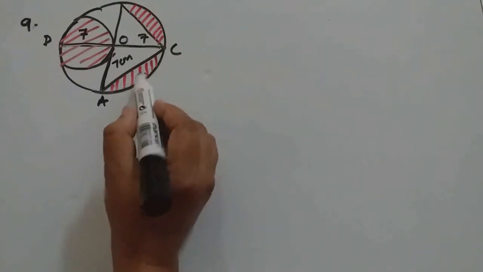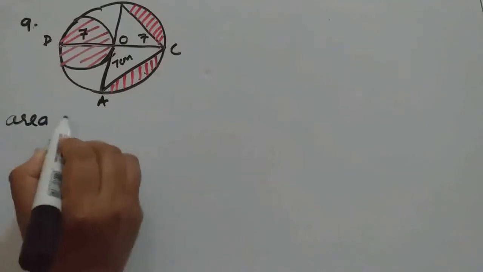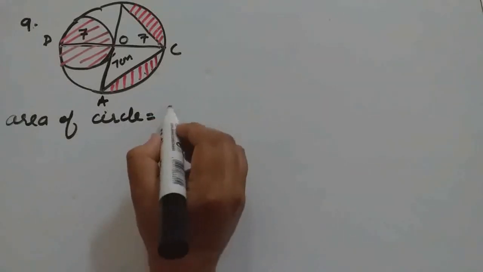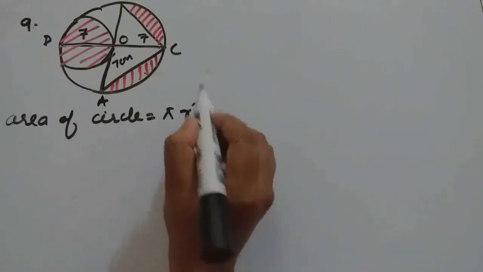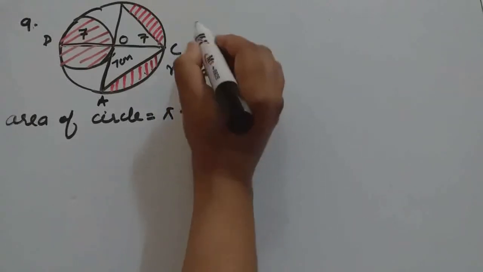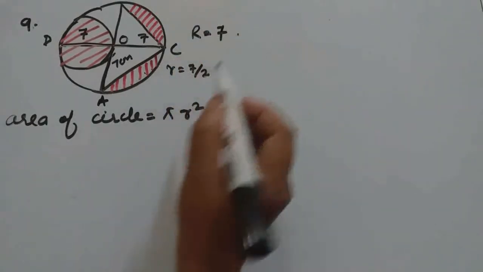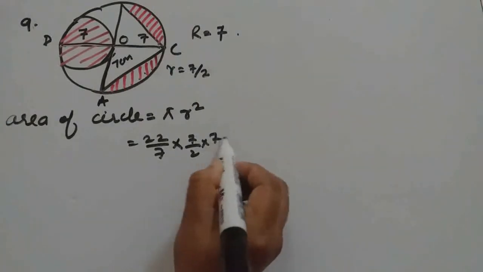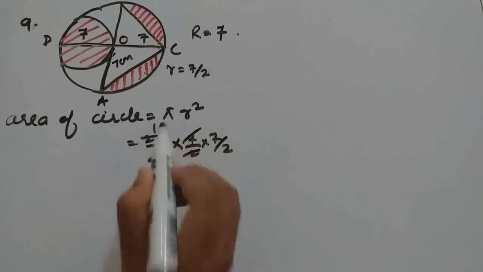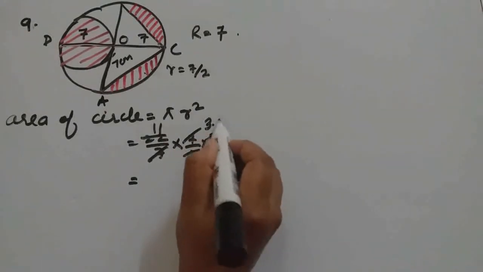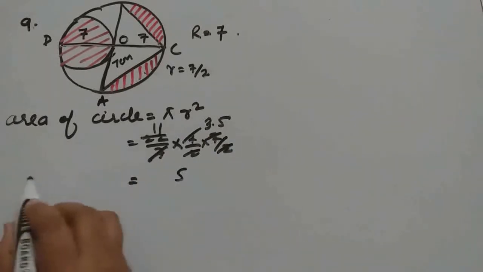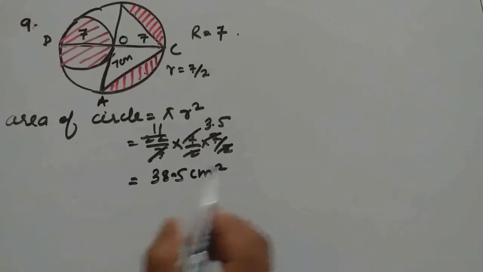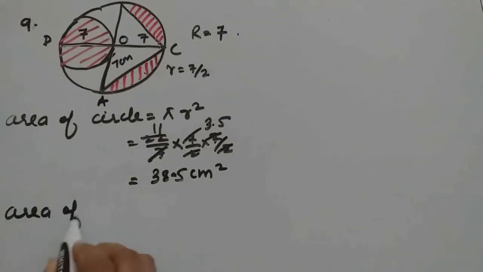So now first the area of the circle. So pi r square, suppose r is 7 by 2, and for the bigger circle r is 7. So 22 by 7, r square is 7 by 2 into 7 by 2, 7 will go. So this is 3.5, 38.5 centimeter square. Then the area of the sector.